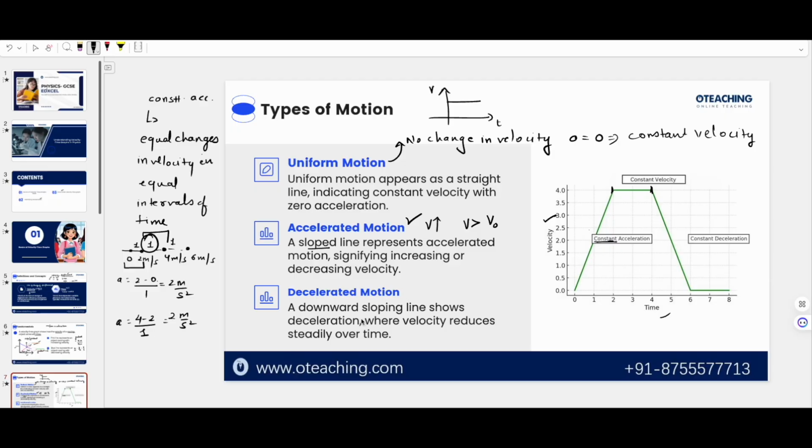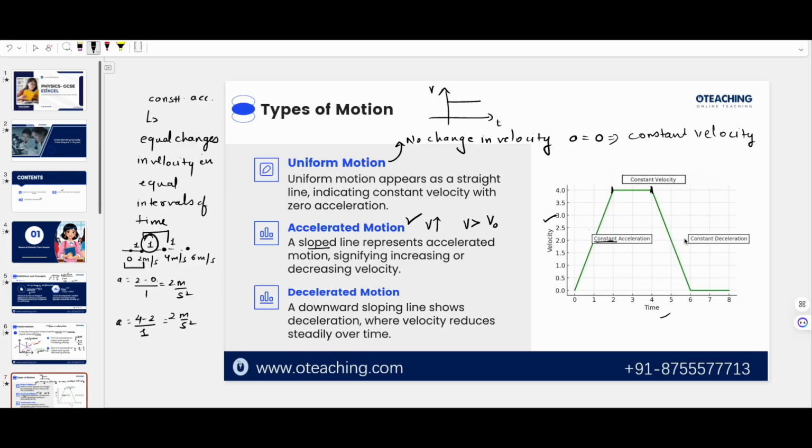Then we come to the decelerated motion. When I talk about the decelerated motion, this is the slope which has been going down. The slope going down represents deceleration, but because it is a straight line, it represents a constant deceleration.